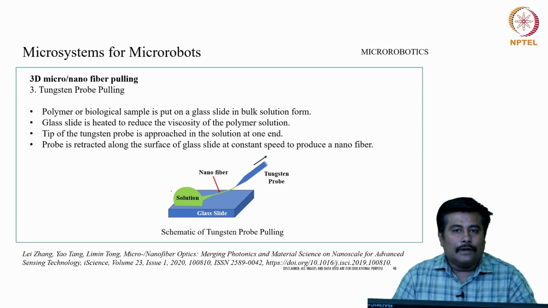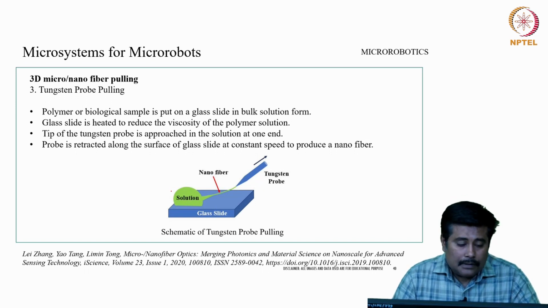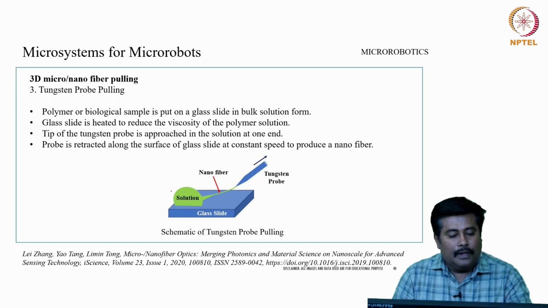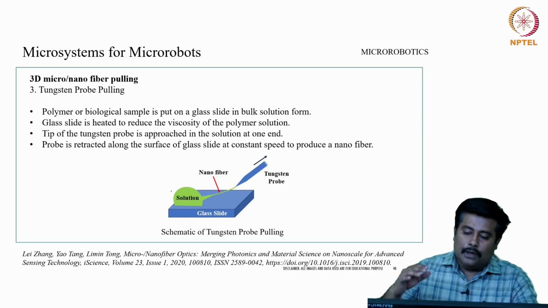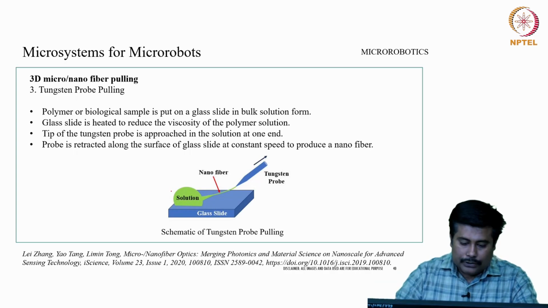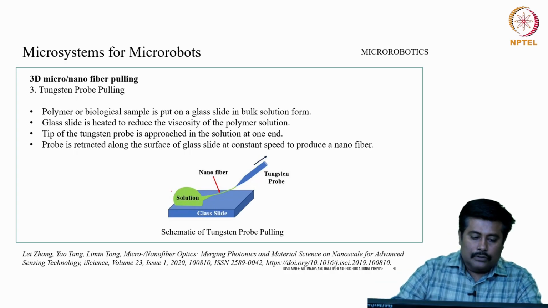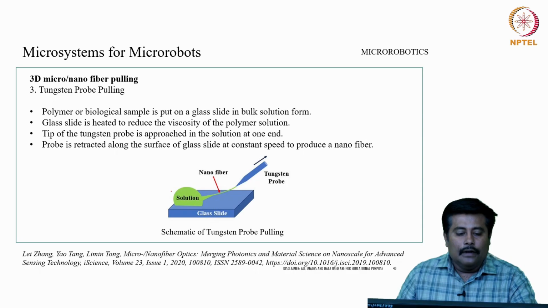As far as tungsten probe pulling is concerned, it is mainly meant for polymer or biological samples, which are put on a glass slide in a bulk solution as shown here. The glass slide is heated to reduce the viscosity of the polymer solution.